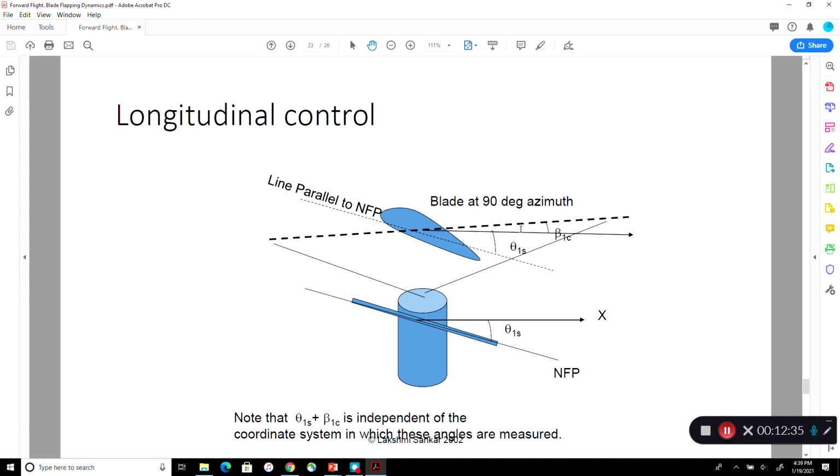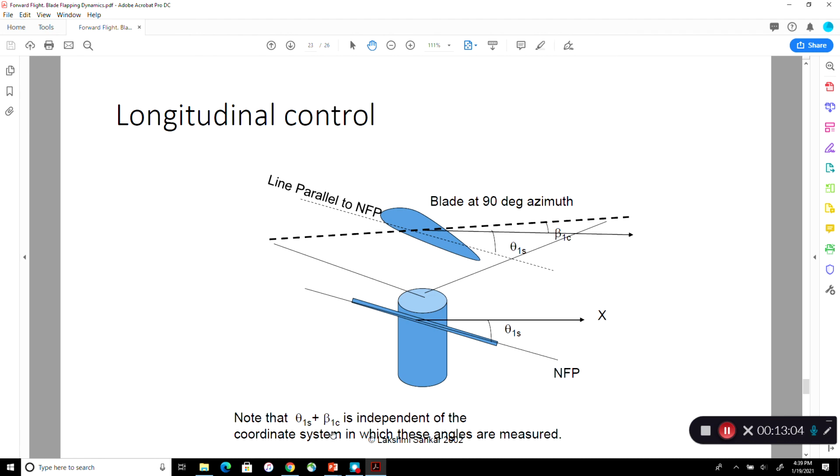This is beta 1c. So the total included angle is theta 1s plus beta 1c. So the included angle between the no feathering plane and the tip path plane, viewed from the pilot's left side, looking at the helicopter from the left side of the helicopter, is theta 1s plus beta 1c.